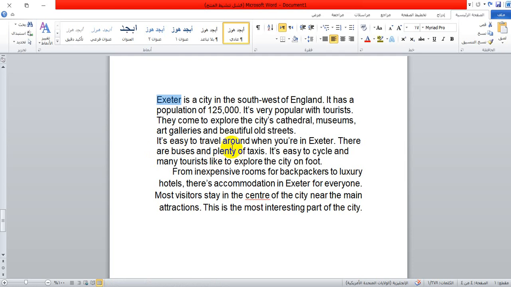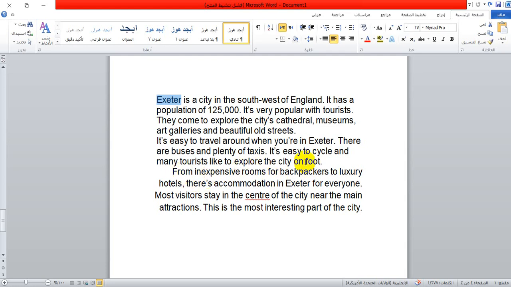It's easy to travel around when you are in Exeter. There are buses and plenty of taxis. It's easy to cycle, and many tourists like to explore the city on foot.